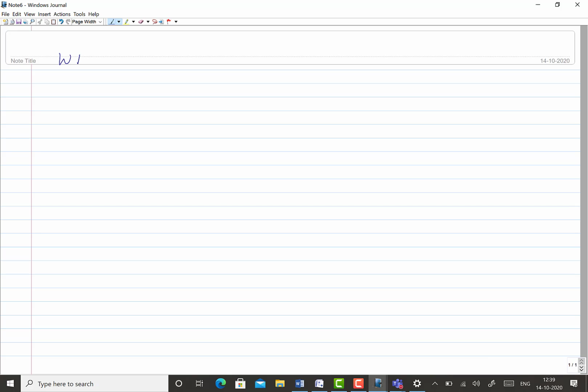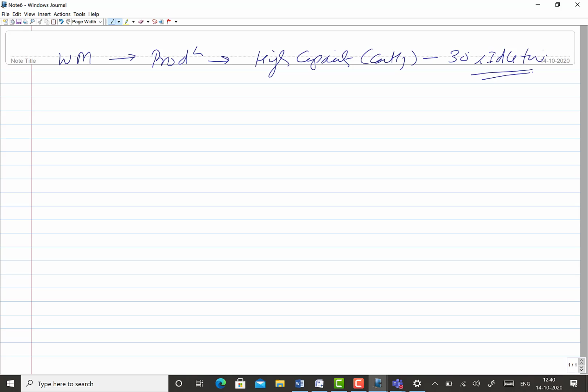So say work measurement is applied, and work measurement of a production shop showed that a very high capacity costly machine has, say, 30% idle time. So this is huge. A high capacity costly machine is idle for 30%, so that is very high.